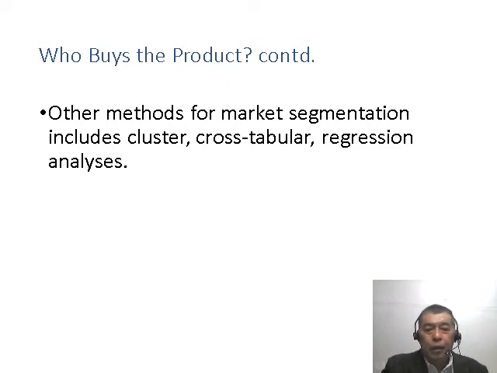Again, there are other methods which include clustering, cross-tabular, regression analysis with the aid of statistical data, wherein you want to predict and you want to know whether there is an influence on a particular situation for that particular customer segment.